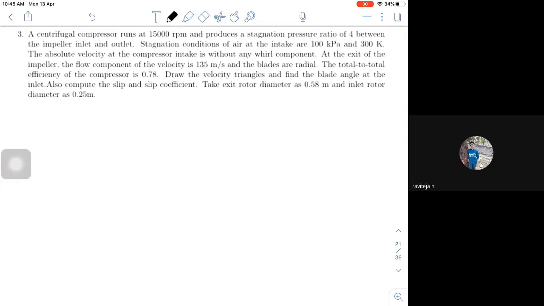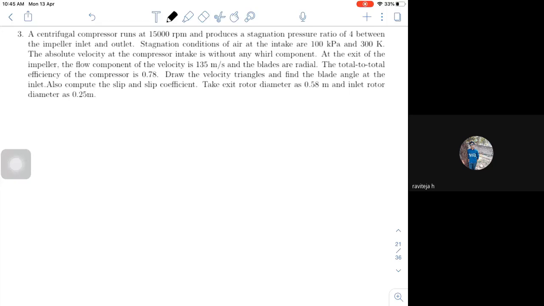A centrifugal compressor runs at 15,000 RPM and produces a stagnation pressure ratio of 4 between the impeller inlet and outlet. The stagnation conditions of air at the intake are 100 kilopascals and 300 Kelvin. The absolute velocity at the compressor intake is without any whirl component.